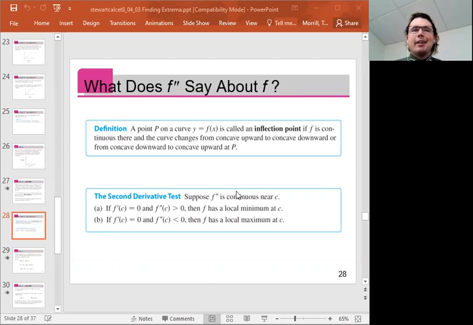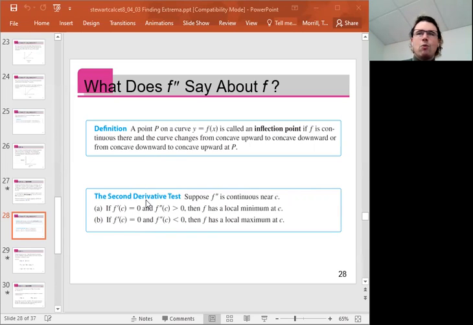So I translate that into the language of derivatives. As long as my second derivative is a continuous function, I can test for maximum and minimum values by first identifying critical points. That's where f prime at some coordinate c equals 0.